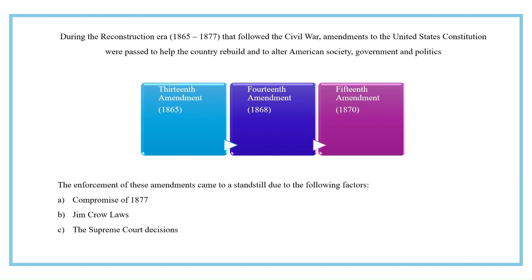C. The Supreme Court decisions that undermined these amendments were the Slaughterhouse cases in 1873, which cancelled rights guaranteed under the 14th Amendment, and the Plessy versus Ferguson case in 1896, which established the constitutionality of separate passenger cars in railroads, but equal facilities for black and white people, giving federal approval to Jim Crow laws.